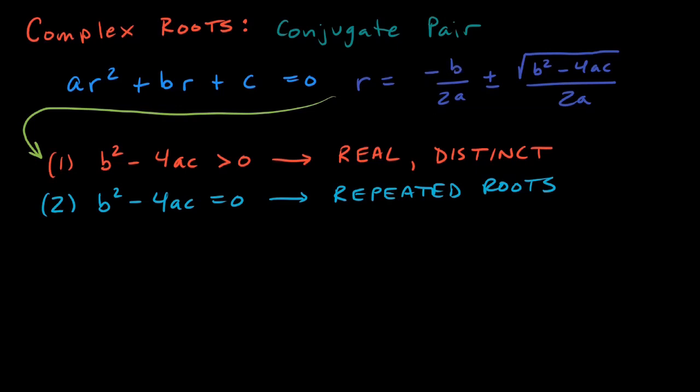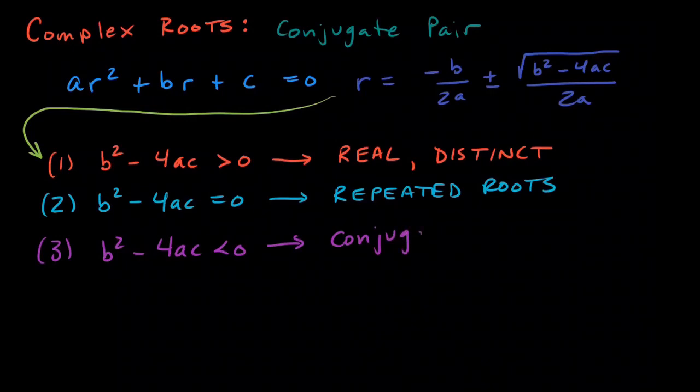All right, and then the third condition is when b squared minus 4ac is less than 0, and that's where we're going to have a conjugate pair, right?